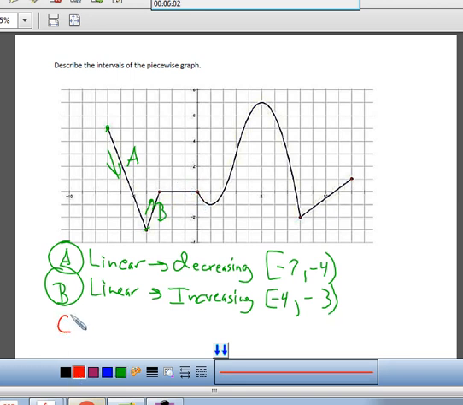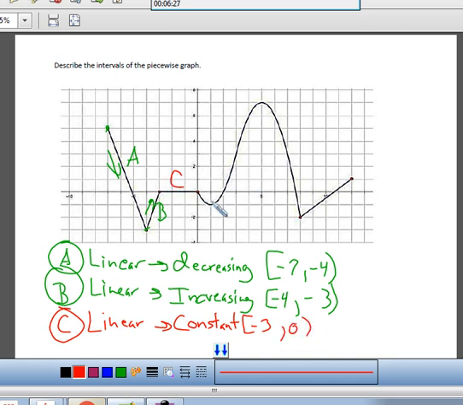Now I'm going from -3 to 0. It is still linear, but this time we're going to call it constant. It's not increasing or decreasing. And we'll include the -3 with this one, but not 0.